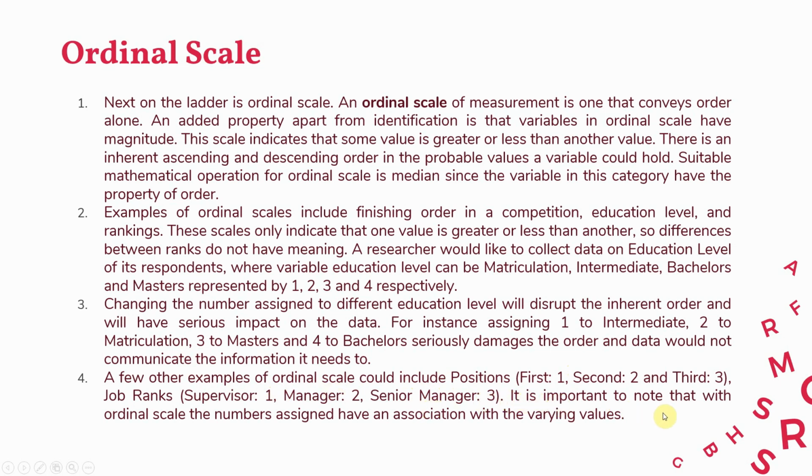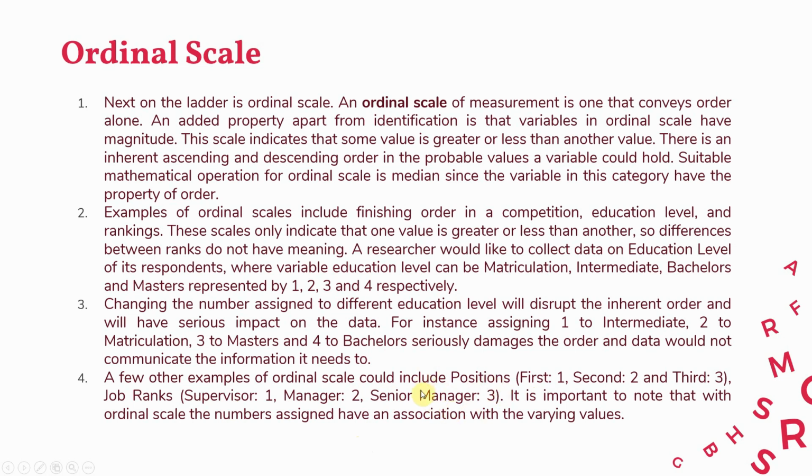It is important to note that with ordinal scale, the numbers assigned have an association with the varying values. The numbers that you assign to these values, matriculation, intermediate, bachelor's and master's, or maybe job rank, supervisor, manager, or senior manager, have an association with these values.